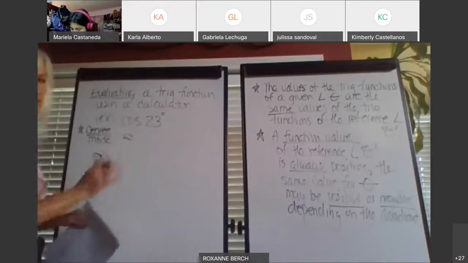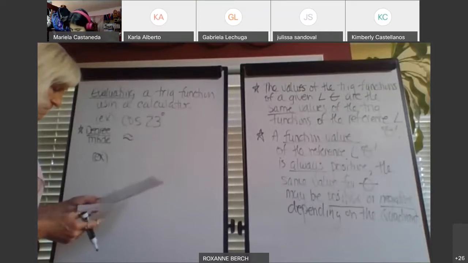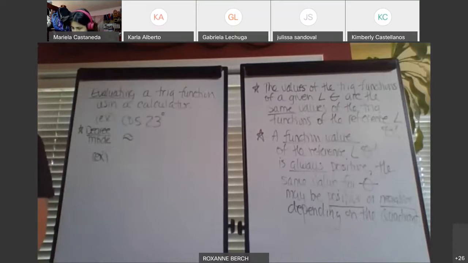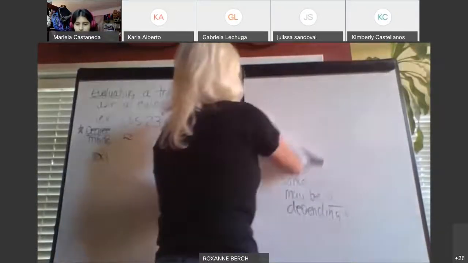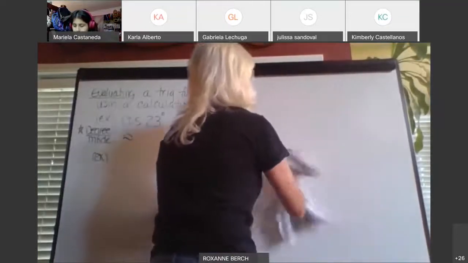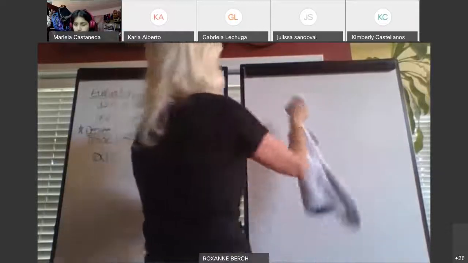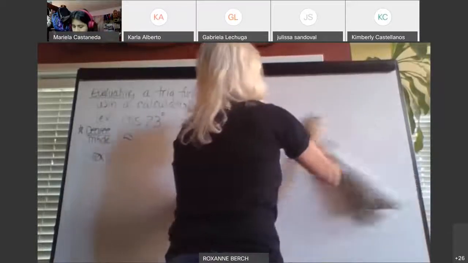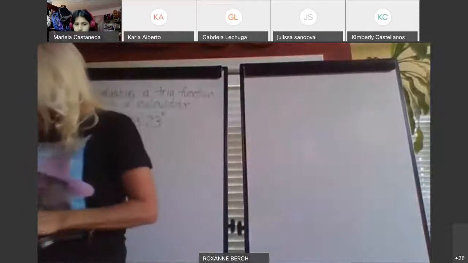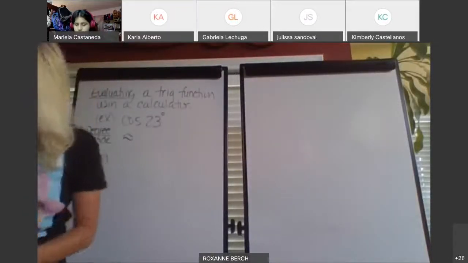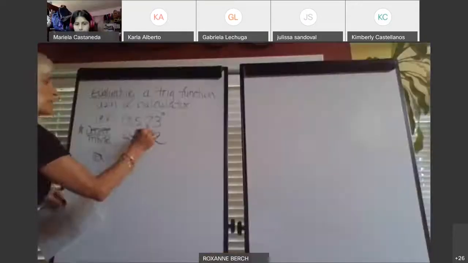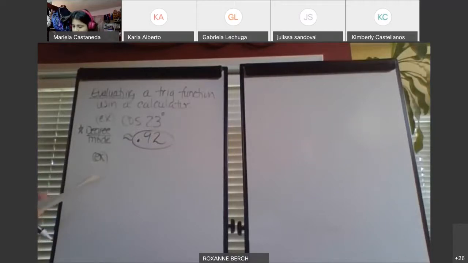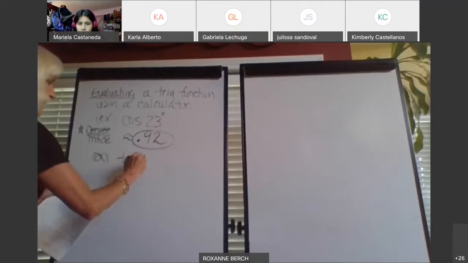The cosine of 23 degrees? 0.92050. Just gonna leave it like that and pay attention to how they want you to round. About 0.92.